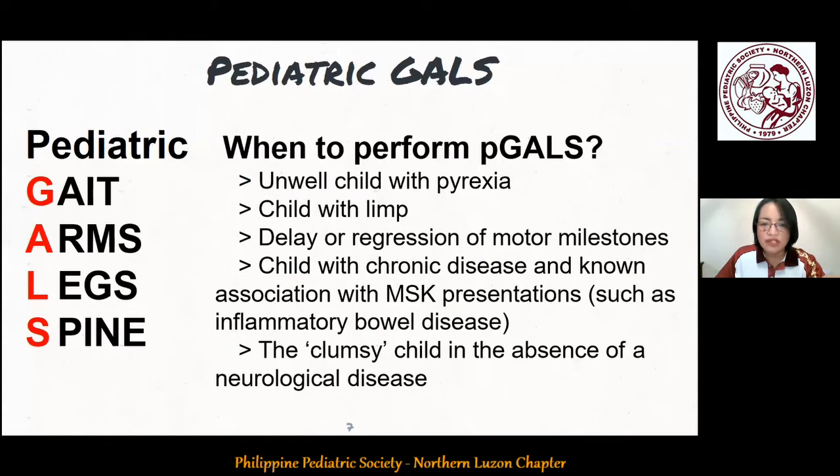One is an unwell child with pyrexia. Second is a child with a limp. Third is delay or regression of motor milestones. Another is a child with chronic disease with known association with MSK presentations such as inflammatory bowel disease, psoriasis. So the clumsy child in the absence of a neurological disease.